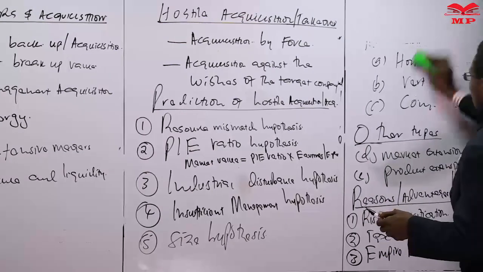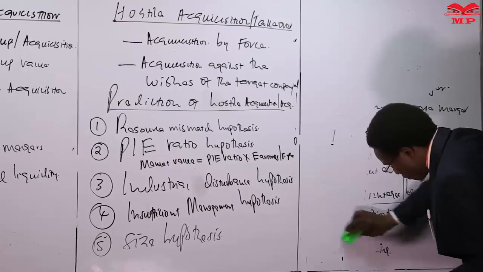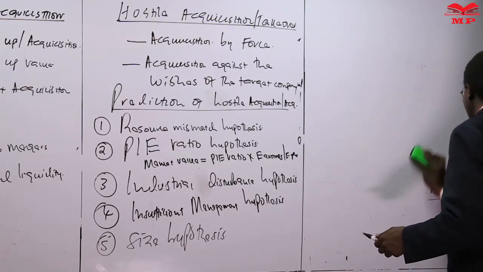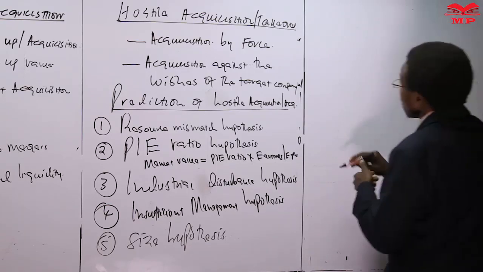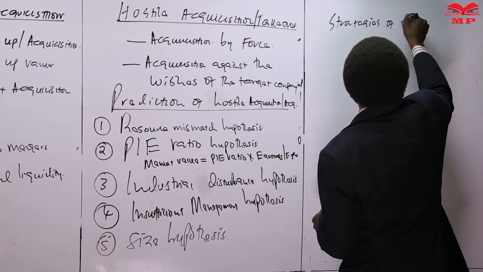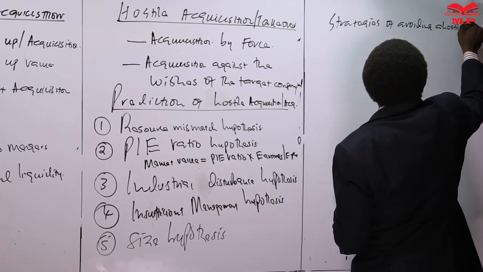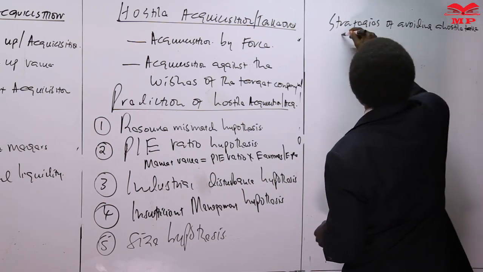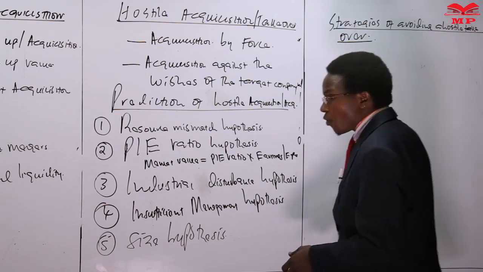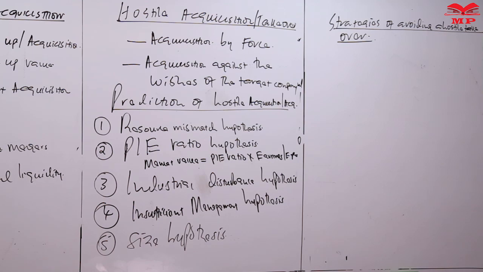What are the strategies of avoiding a hostile takeover?